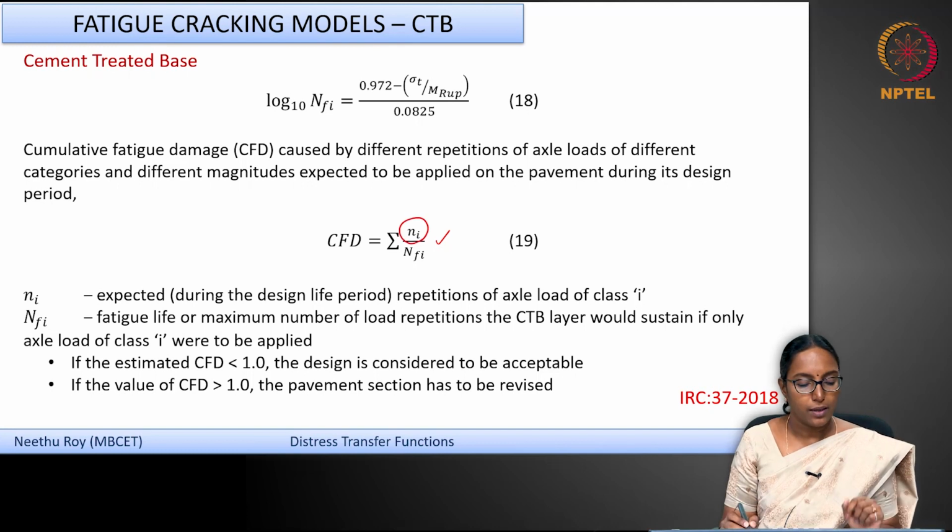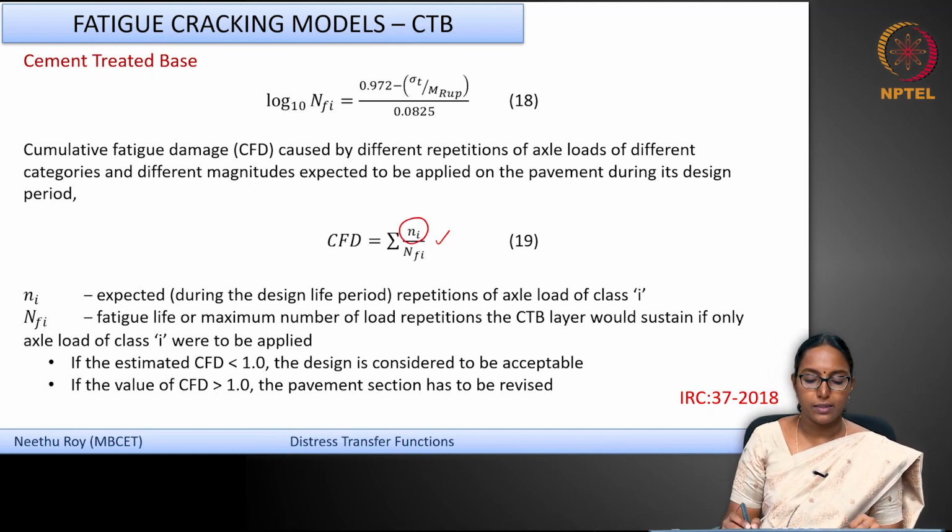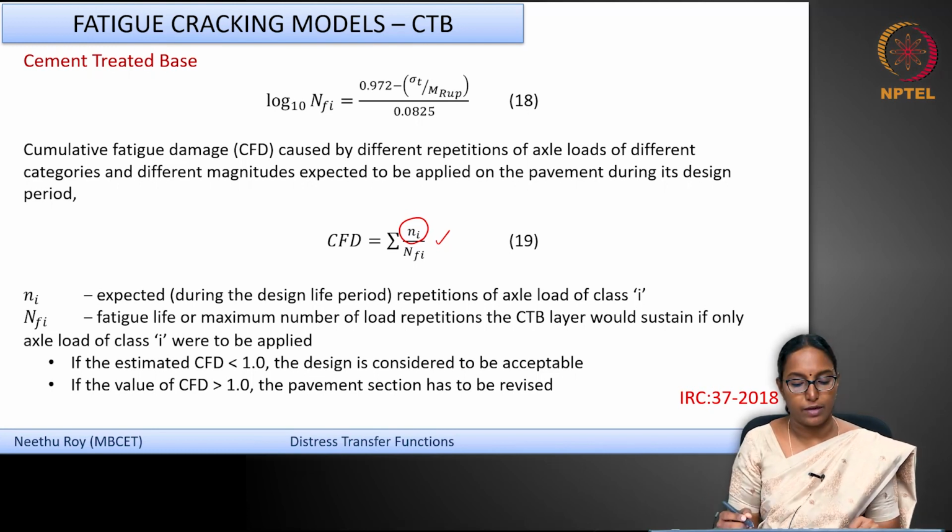Here Ni is the expected repetitions of the axle load during the design life period, and NFi is the fatigue life or the maximum number of load repetitions on the CTB layer which it would sustain if only this particular vehicle class i is applied on the structure.